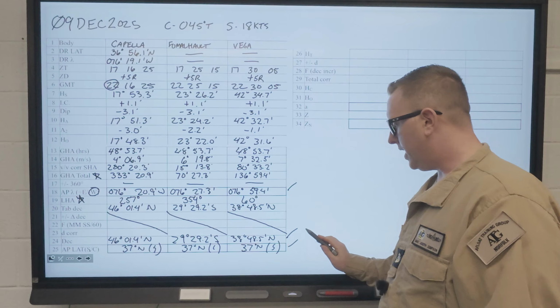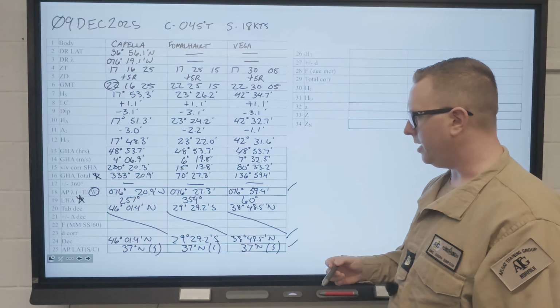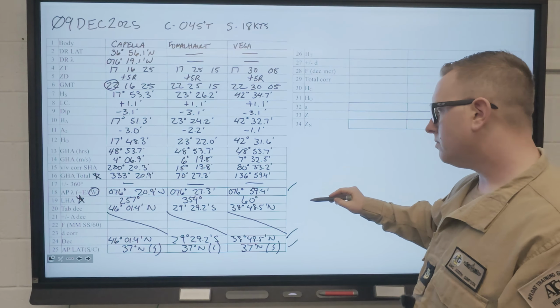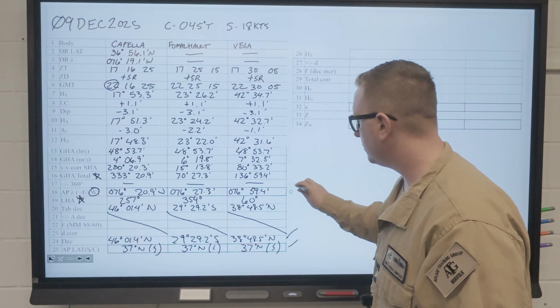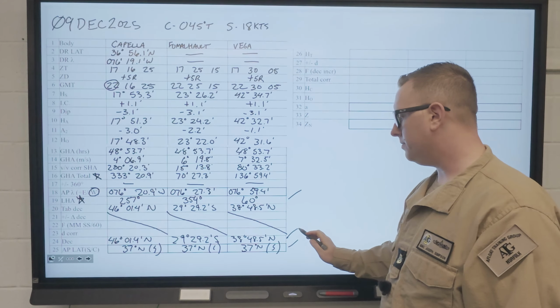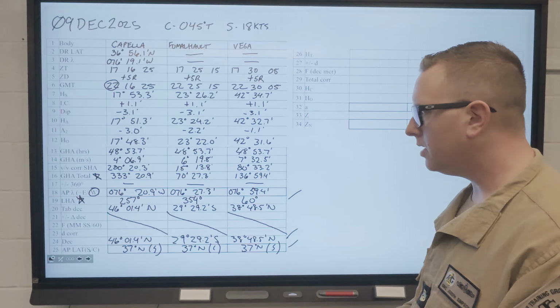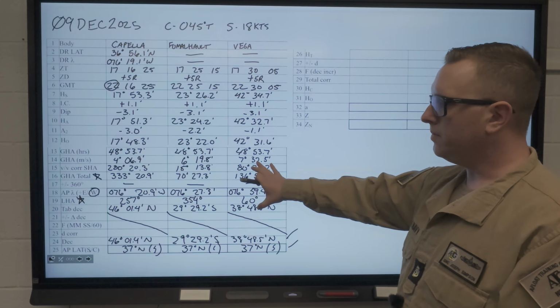And now we have the third part to go into the site reduction table. We have our LHA, we have our declination, and we have our assumed position latitude. All right, that's the second part of the strip forms.